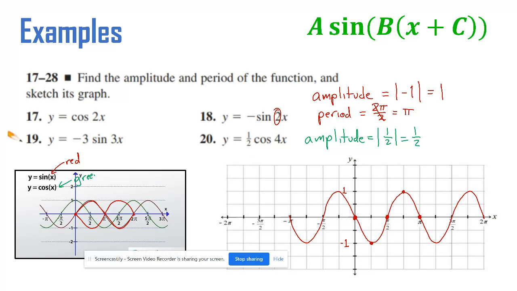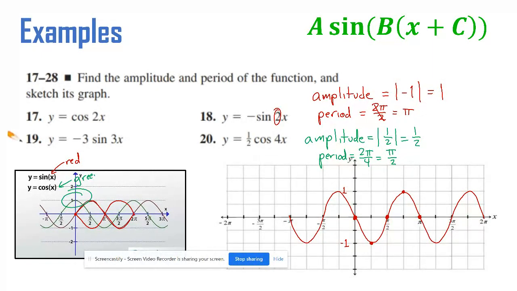Our period, we use that 4, and we do 2 pi over 4. And when we simplify that, we get pi over 2. So what this means is this wave will run through one full cycle from 0 to pi over 2. So let's look at this. Cosine starts at the top.